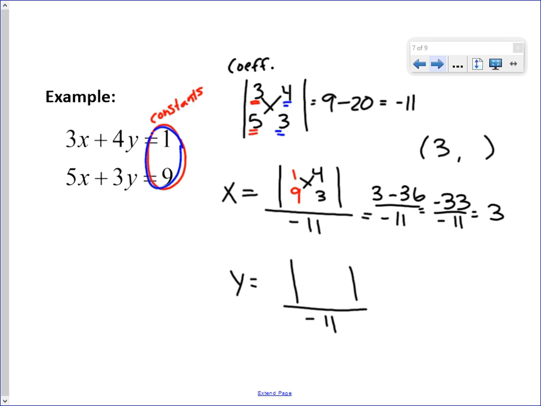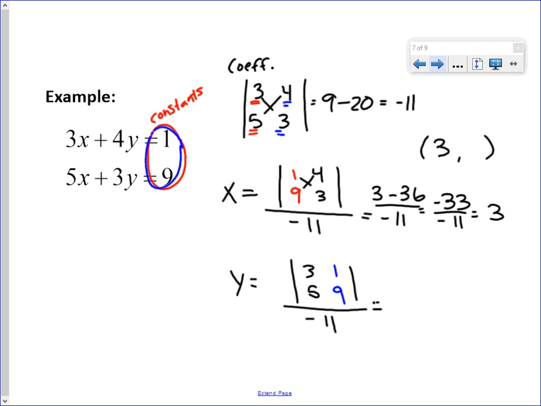Remember, in your coefficient matrix, your columns are the different variables. So we're going to put 1 and 9 in for y, and we're going to put the 3 and the 5 back in for x. Those are the regular x coefficients. So you only change one column in that matrix at a time.